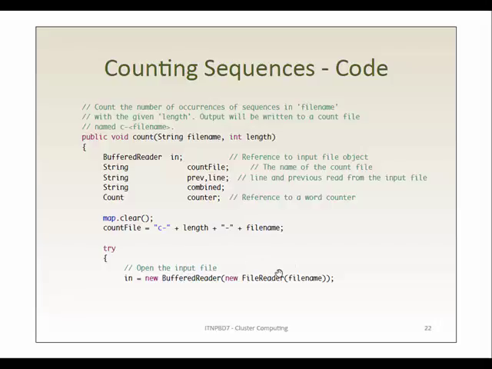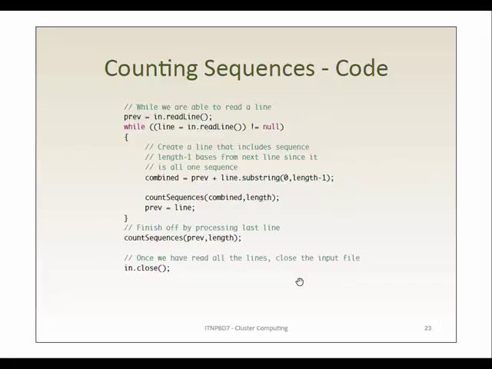Now I open the input file that I've been given, the chunk that I've been given, and start looking for counts. Now, that's supposed to be an equals. I'm pretty sure, yes, if you look in your code, that's an equals. It's not previous minus in.readline, it actually says previous equals in.readline.